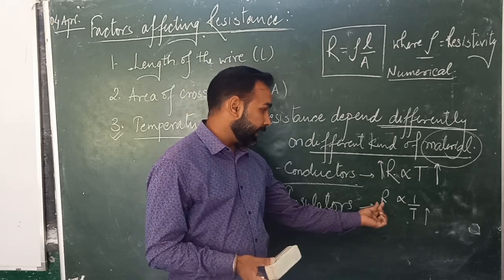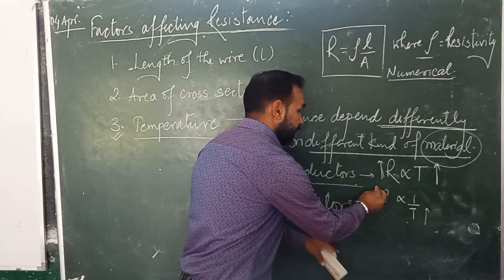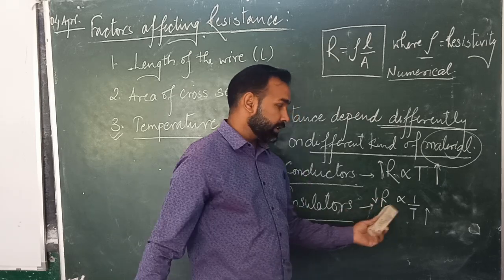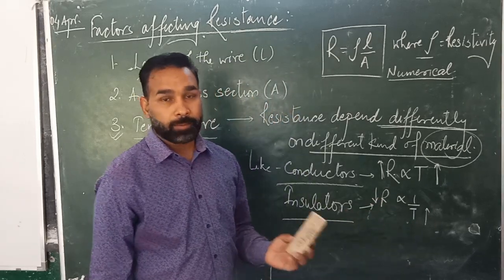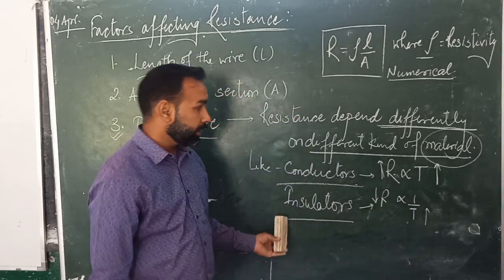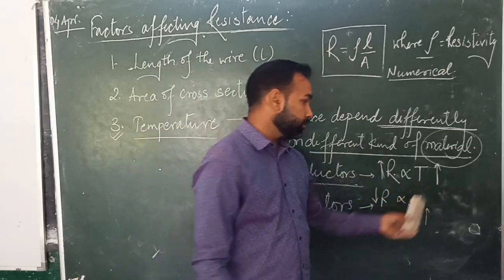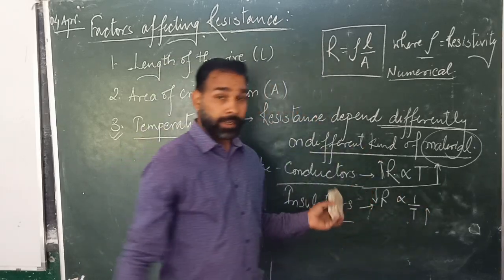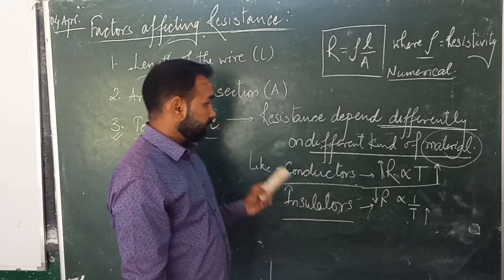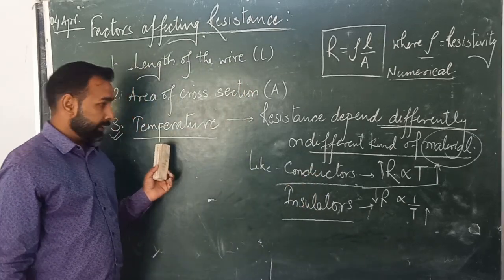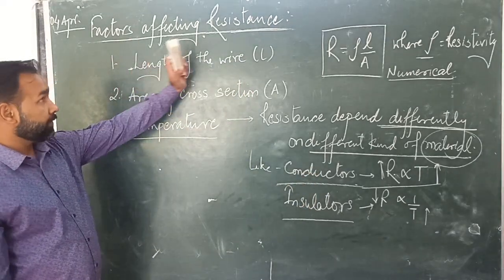In that case, the resistance will reduce. So resistance is inversely proportional to temperature for insulators, and directly proportional for conductors. So this is the third factor which we left yesterday, in factors affecting resistance.